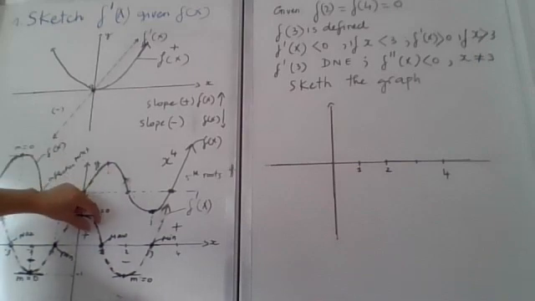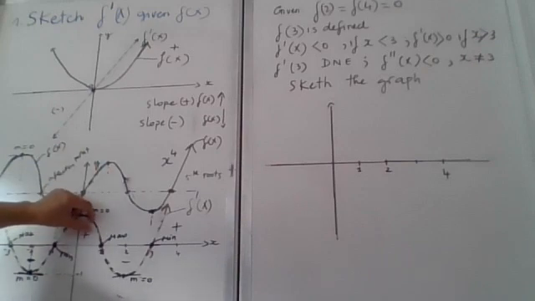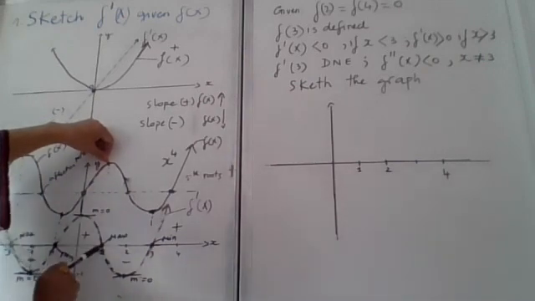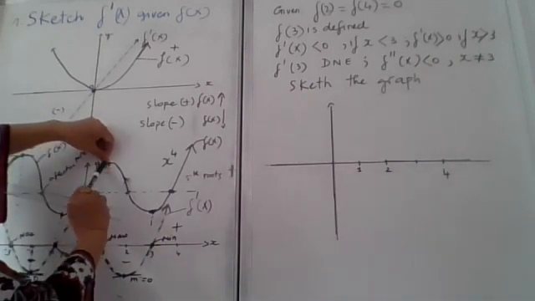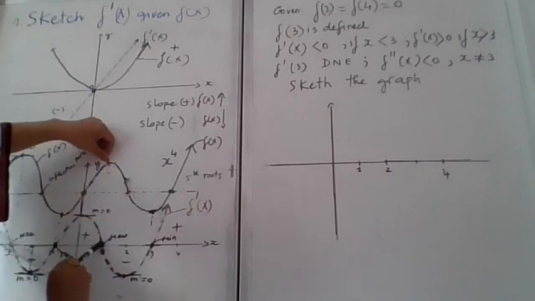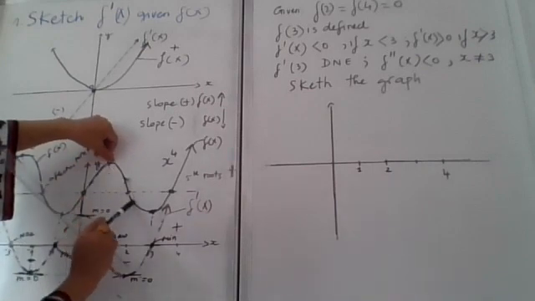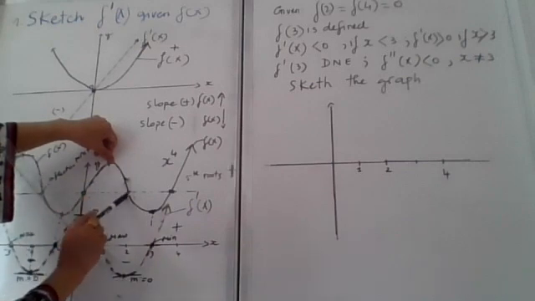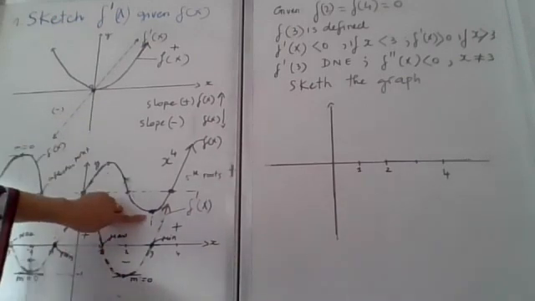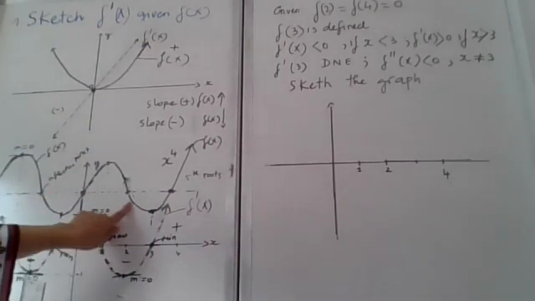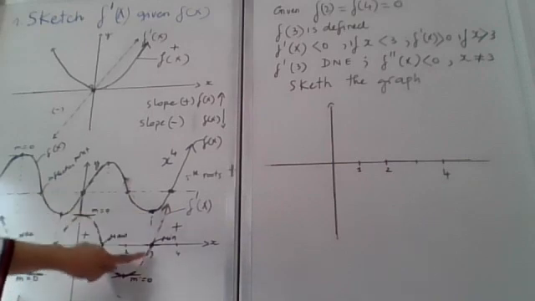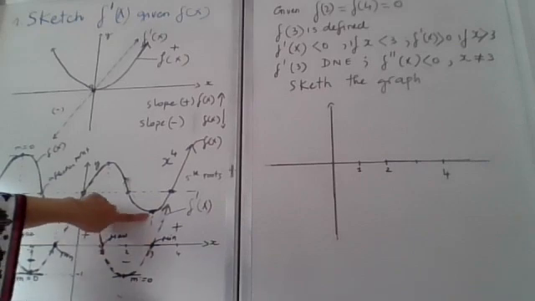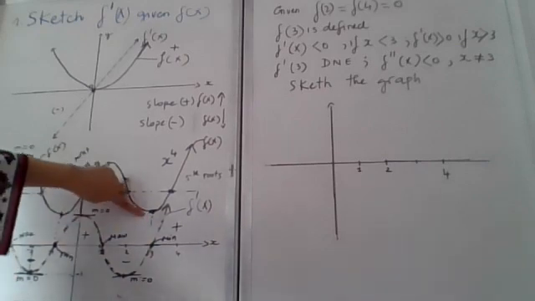Up here, you have to go through the maximum level because it's increasing, then you have to stop right at the maximum level right here. And then you have another tangent from the derivative, so you know your function will cut through 0 again. This is a negative slope, so your function has to be decreasing. And here you will have to hit the minimum level, right? At this point, you have to hit the minimum level because your function is decreasing.